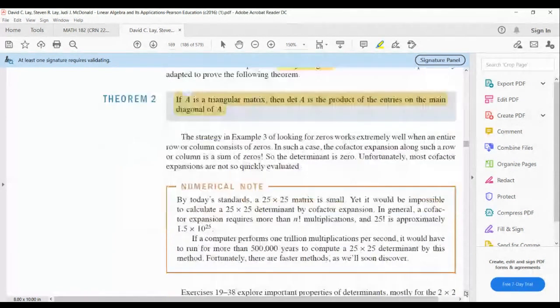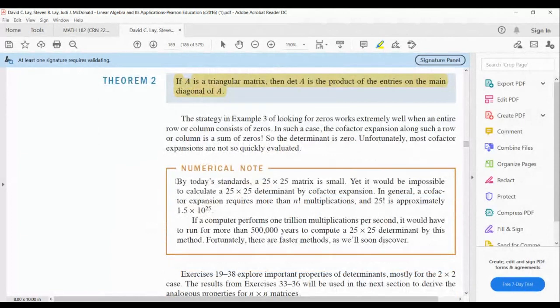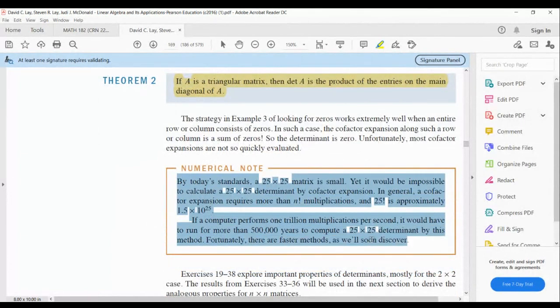Take a look at the numerical note right here. If a computer performs 1 trillion multiplications per second, it would have to run for more than 500,000 years to compute a 25 by 25 determinant by the method we're using, the cofactor expansion. Fortunately, there are faster methods.